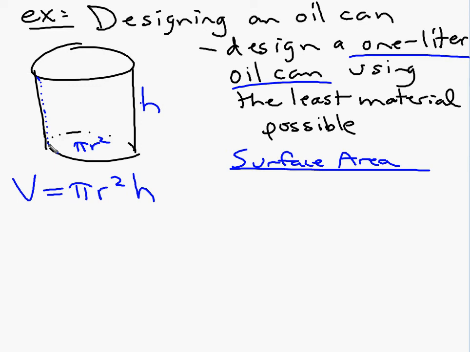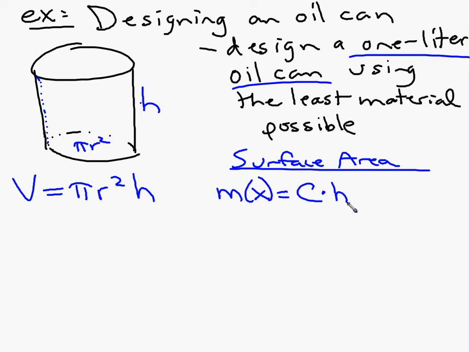right? So I'm going to use a different letter. I'm going to use M for the surface area. I just need a different letter. So I'm going to have the circumference times the height.